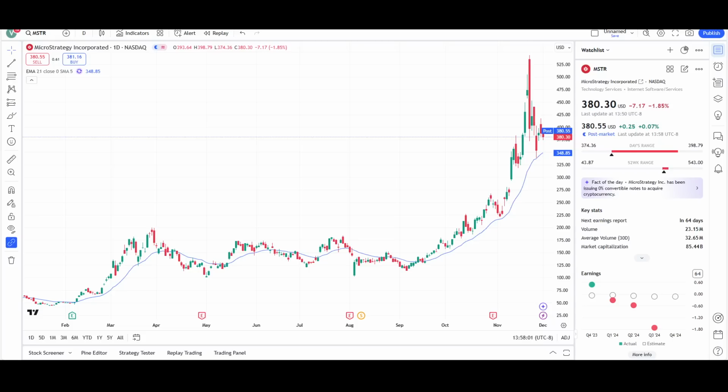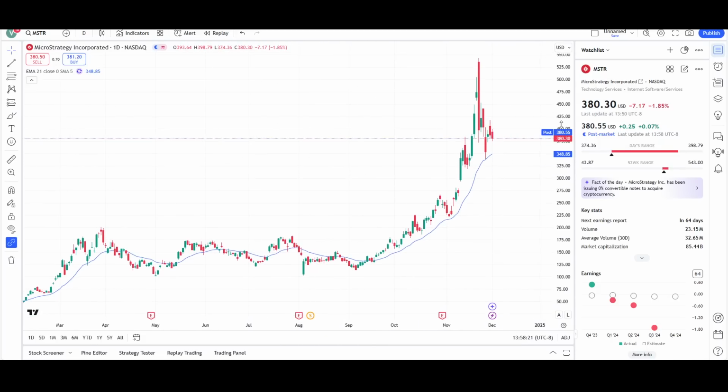So very bullish. The company owns almost 2% of the total supply that will ever be created for Bitcoin, which is astonishing, right? Only one company can do that. Only one company has done that. Imagine if just 10 companies try to do what MicroStrategy did, and bigger companies. So again, very important news update there.